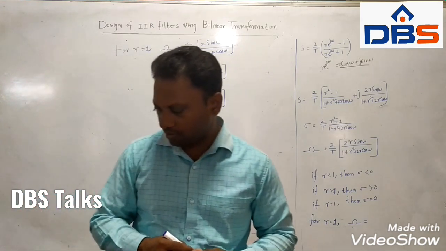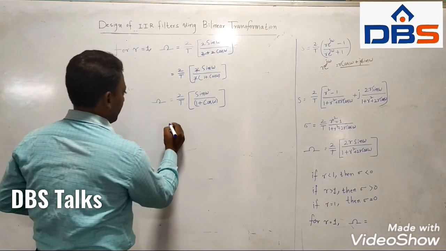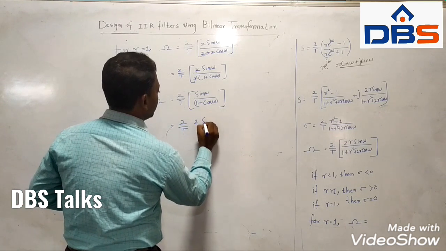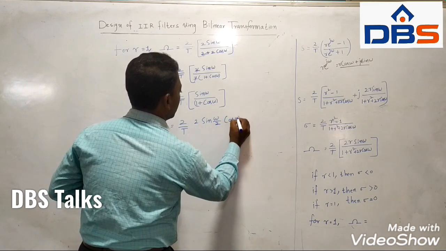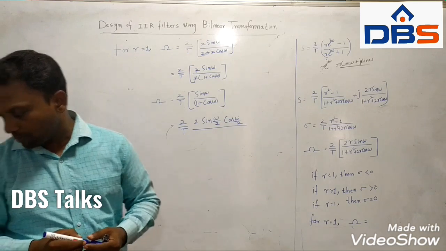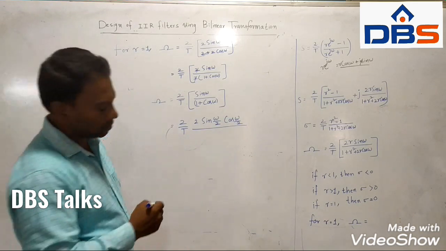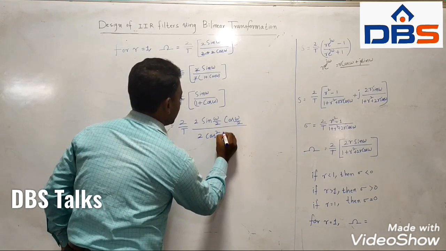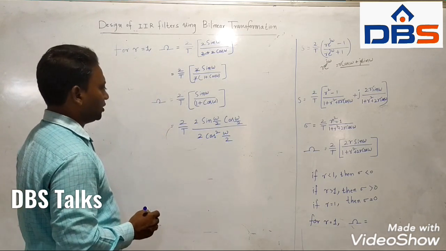The required form is the half angle form. So 2 by T, 2 into sin omega by 2 cos omega by 2, divided by 1 plus cos omega, which can be written as 2 cos square omega by 2.